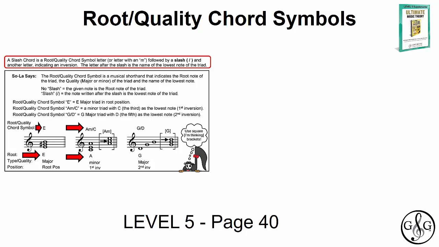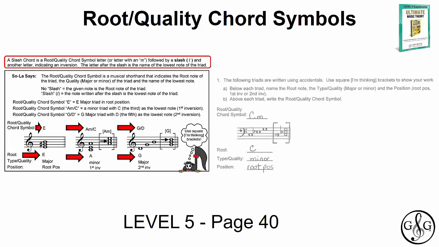Now, really, the success trick here, the technique, is to use the square I'm thinking brackets. And you see little Sola there. She's helping us out. And next we see G/D chord, indicating G major in second inversion.